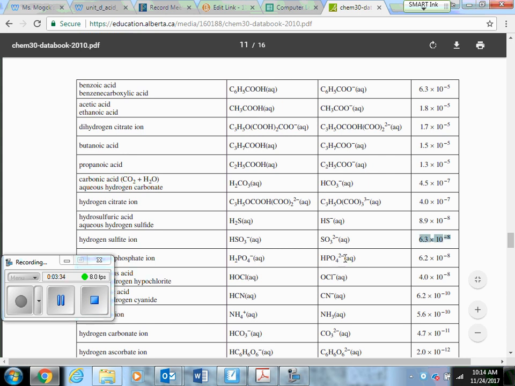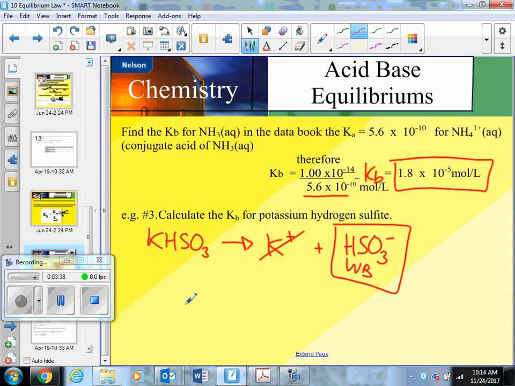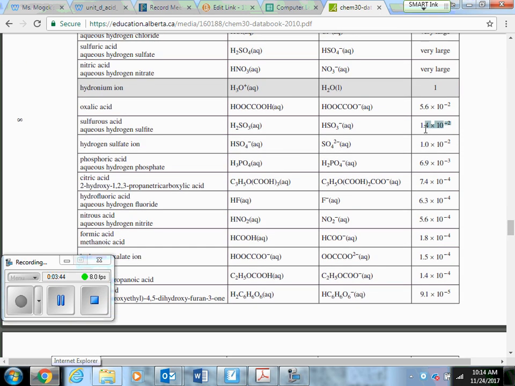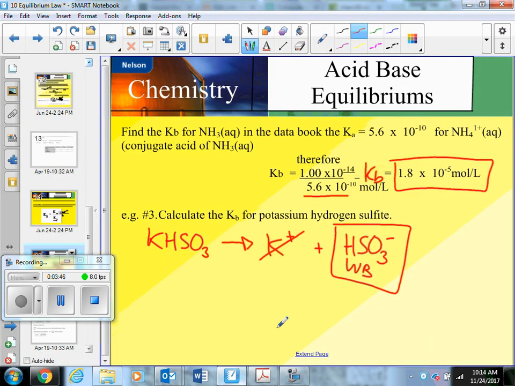So it's really important with those amphiprotic substances that you be careful which Ka you're using to solve. So the value that we want is 1.4 times 10 to the minus 2. So that's what we'll sub in to solve for the Kb.